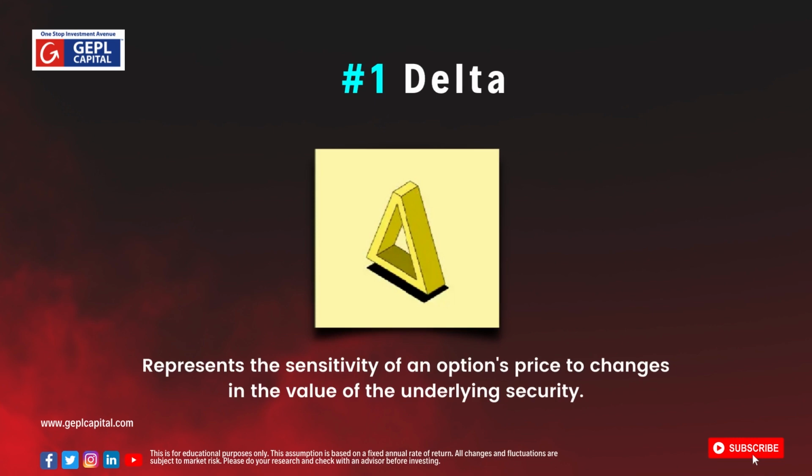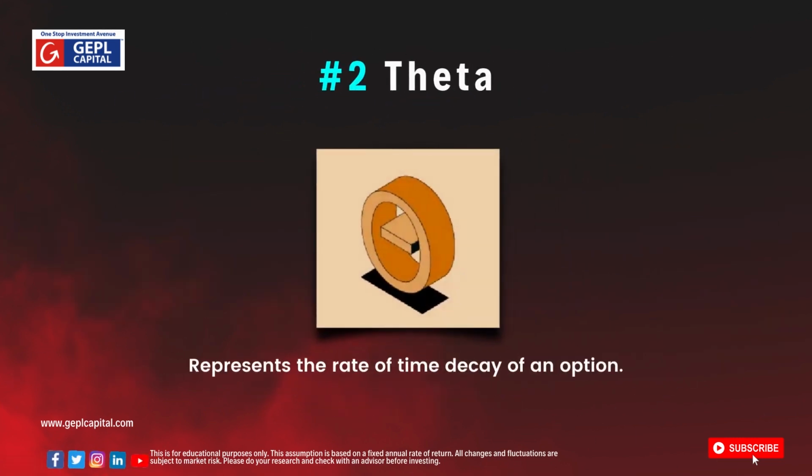The second Greek is theta. Theta represents the rate of change between the option price and time, or time sensitivity, sometimes known as an option's time decay. Theta indicates the amount an option's price would decrease as the time to expiration decreases, all else being equal.